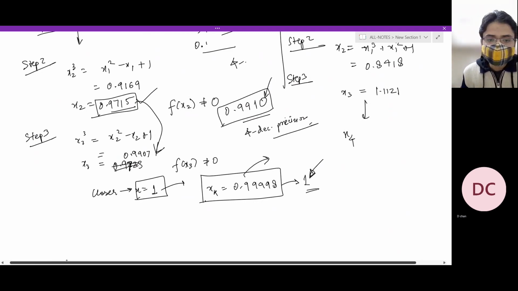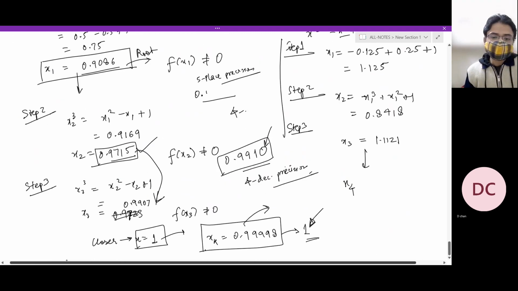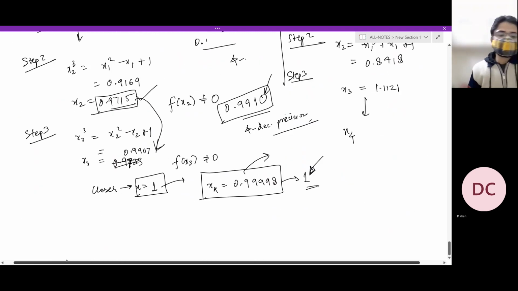So we need to have some mathematical and rigorous stopping criterion for stopping our iterations. So for doing that, what we usually take up is that the modulus of xn minus xn minus 1 would be less than a certain tolerance criterion that is described by the user.